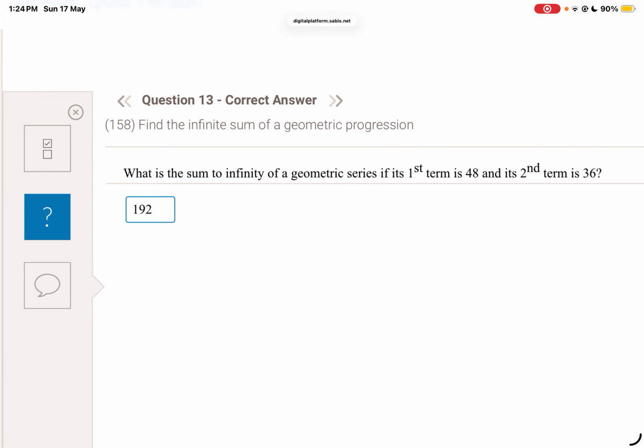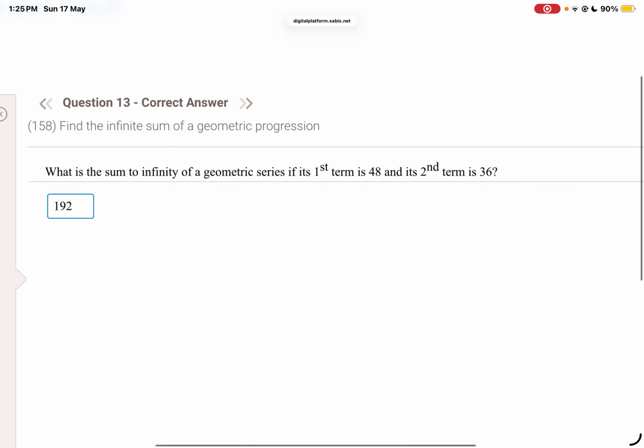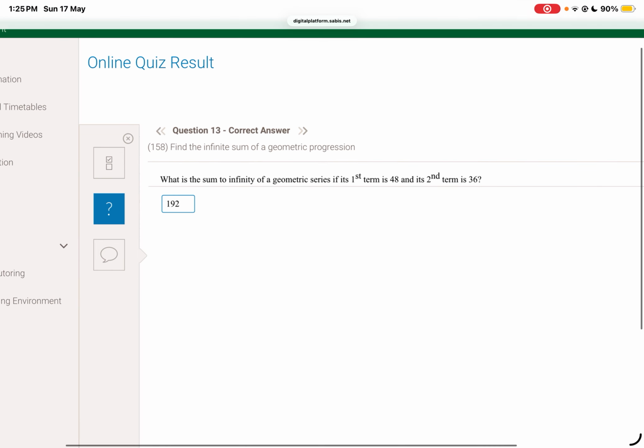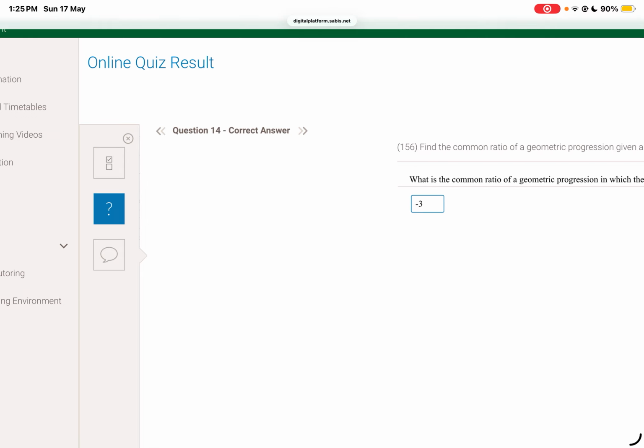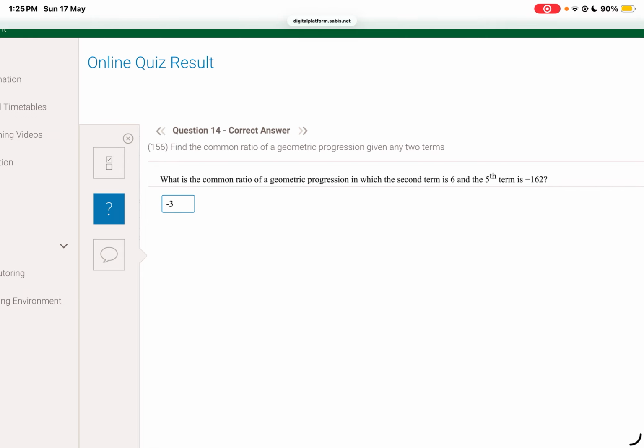If you don't understand this, text me and I can help you with them. Sum to infinity, you have to find r first. It's g1 over 1 minus r. To find r, you do the second term over the first term. Also here, you do the same thing.